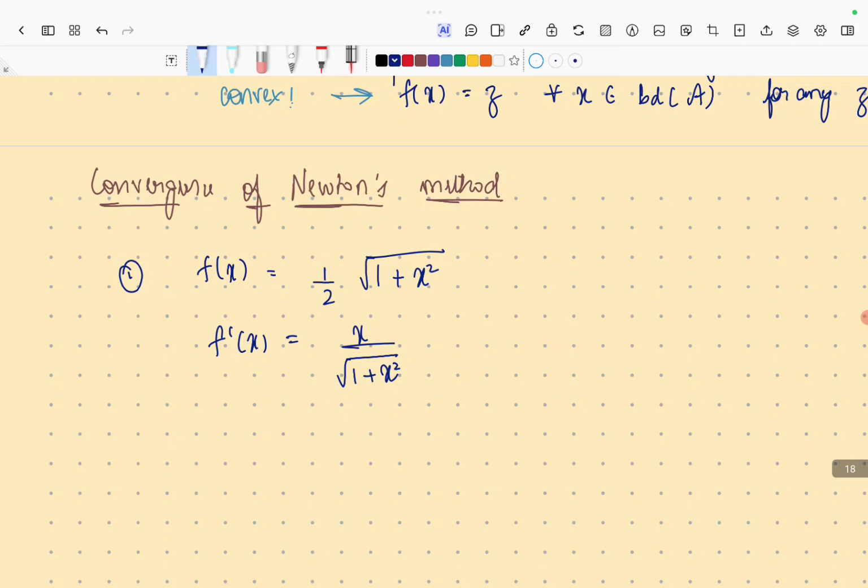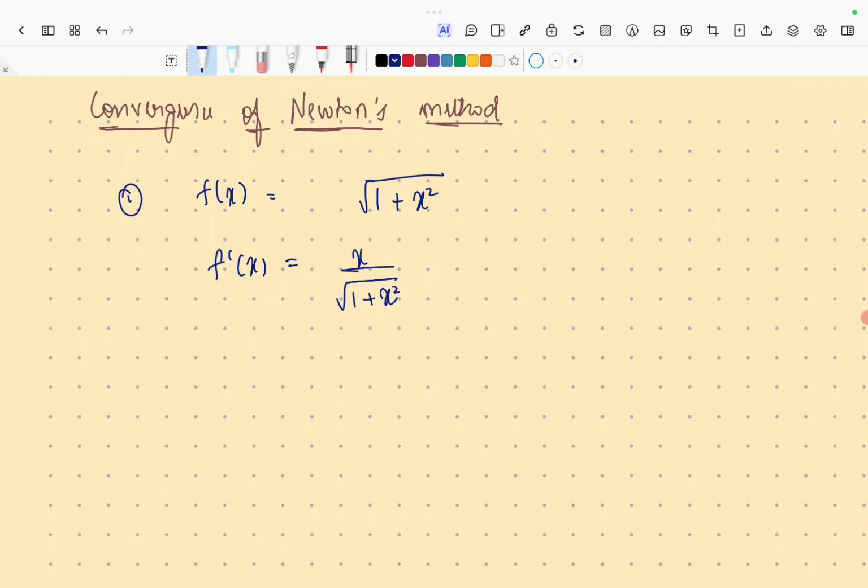Sorry, there should be a 2 in the denominator, that's right. So let me change this and make it square root of 1 plus x square. Again, it doesn't change the example significantly. So this is just x by square root of 1 plus x square.